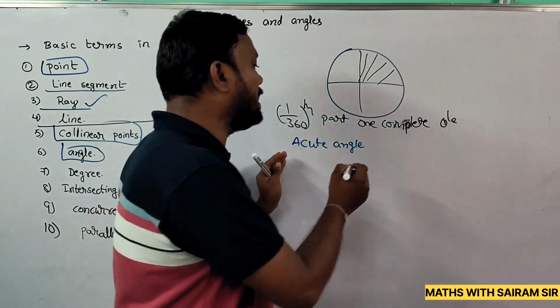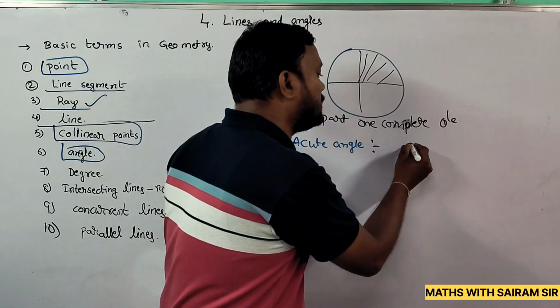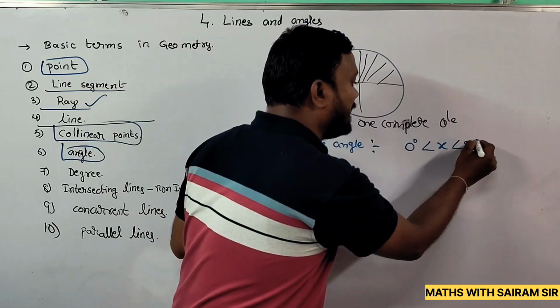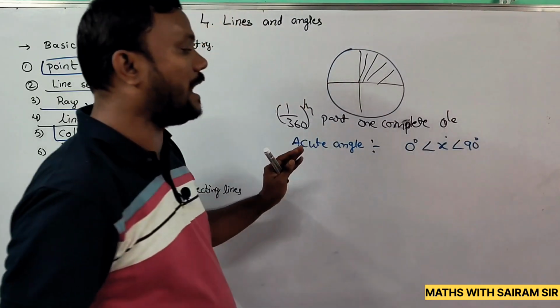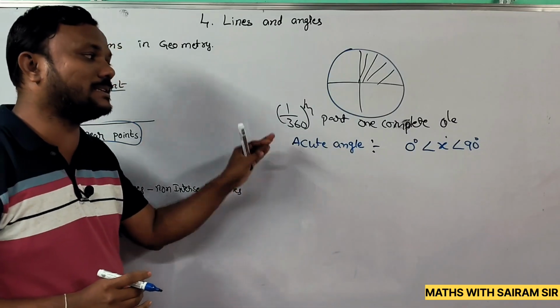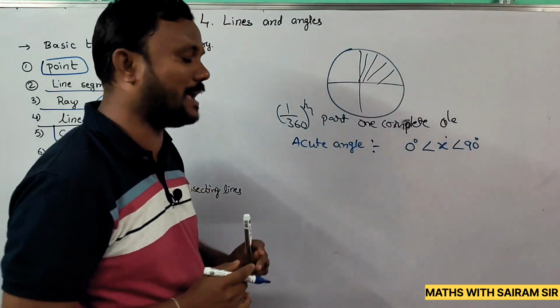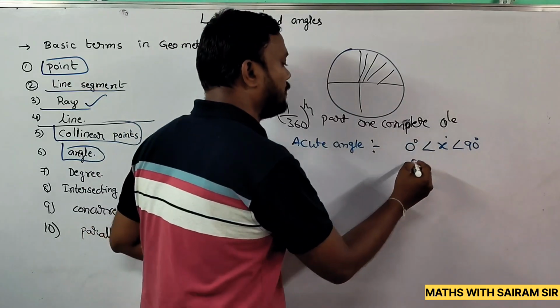An angle whose measure is more than 0 degrees and less than 90 degrees is known as an acute angle. Let us see examples of these acute angles.